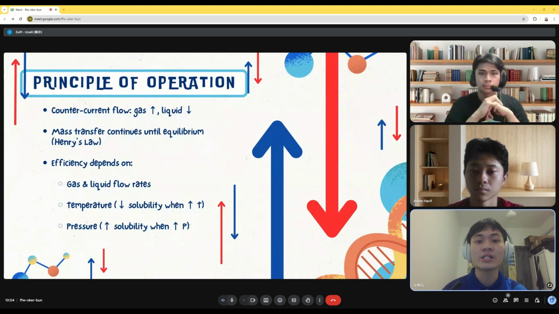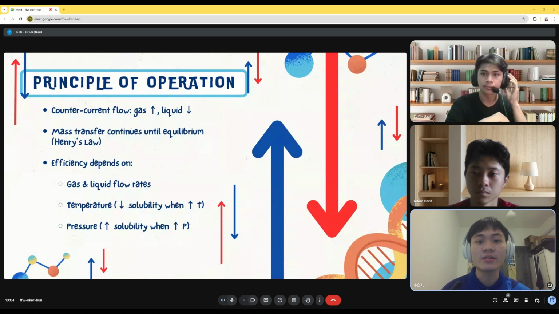The relationship between the solute concentration in gas and liquid is described by Henry's law, which says the solubility of a gas in a liquid is directly proportional to its partial pressure.